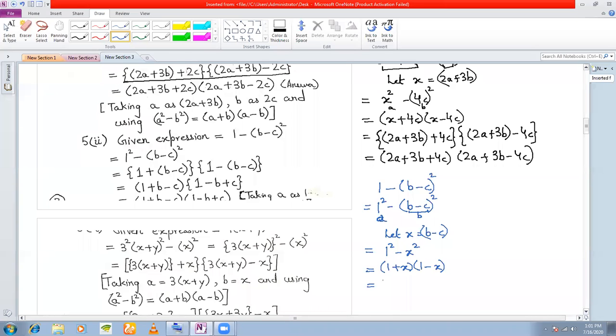Now I put back the value of x: 1 plus (b minus c) into 1 minus (b minus c). Now we remove the brackets: 1 plus b minus c, and 1 minus, and if I'm removing this bracket, the sign within the bracket will change, 1 minus b plus c.